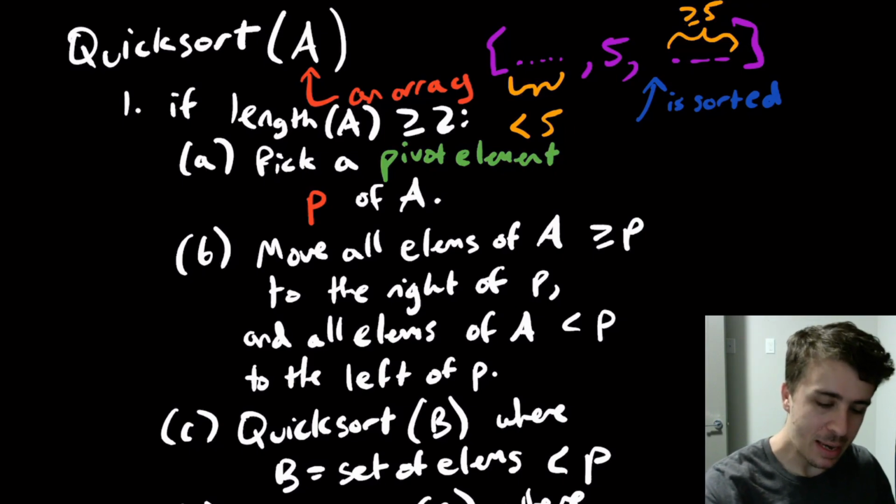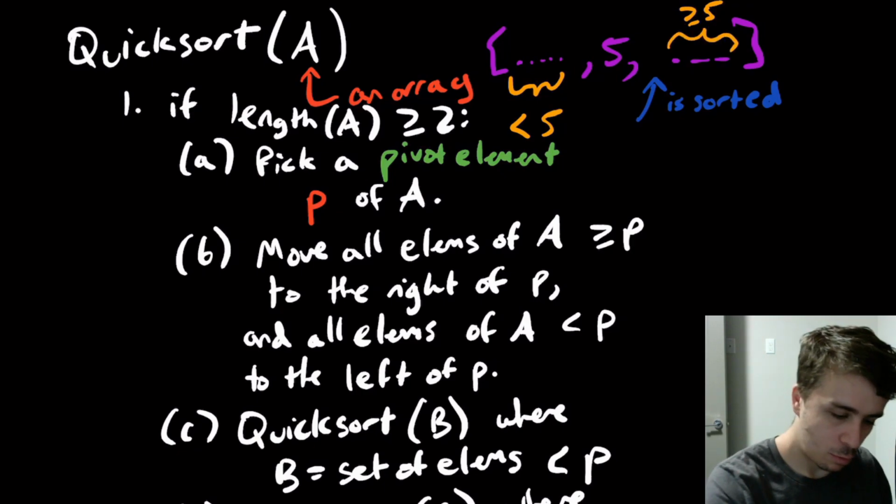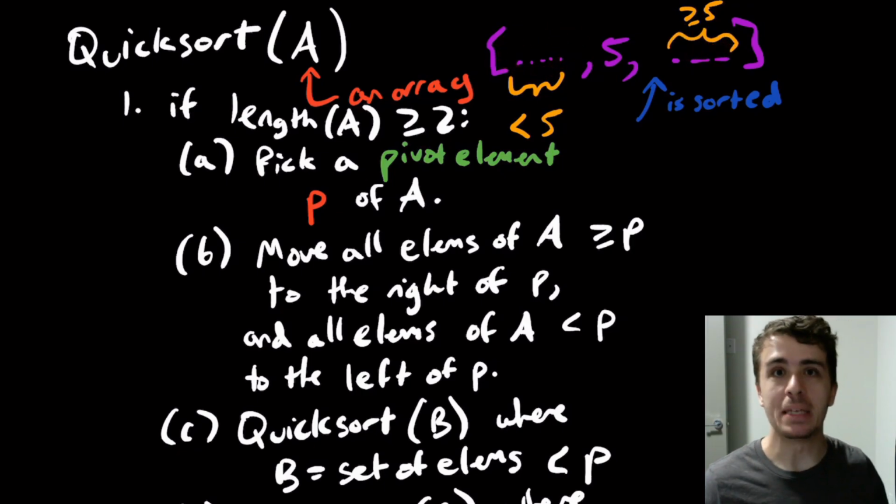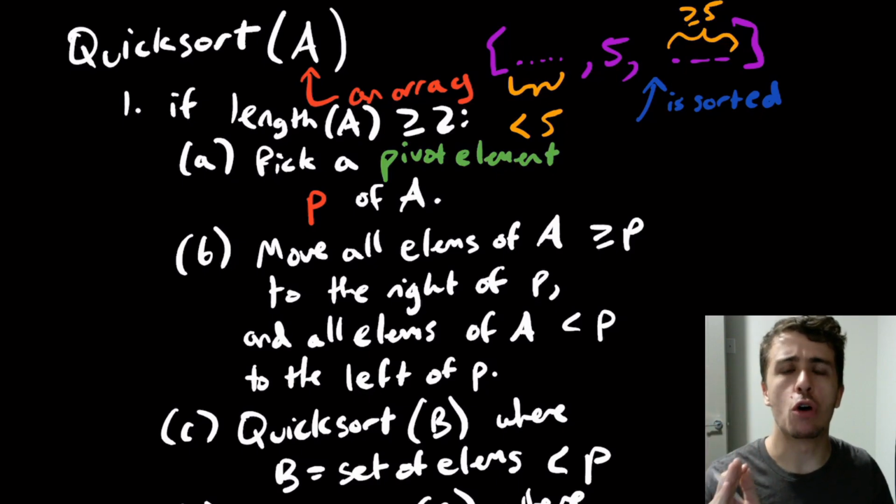So we are moving elements to the corresponding side, which means that they are in the pseudo right order. They're not exactly in the right order yet, but they're placed closer to where they need to be. And as you get down to the base case, you will get closer and closer to where they actually need to be. In the next video, we're going to do an actual example of this.